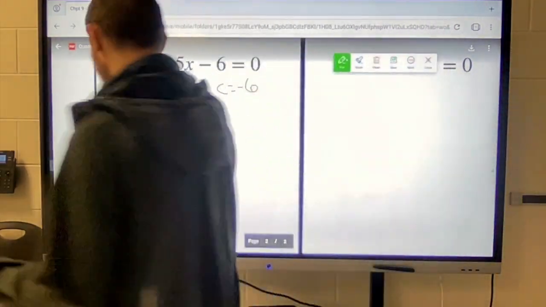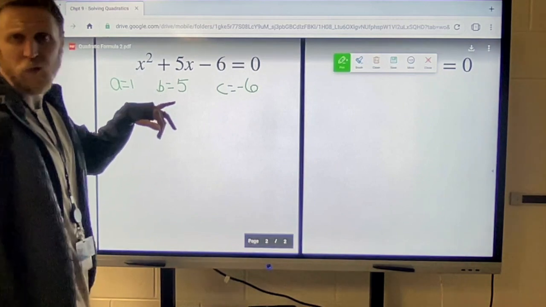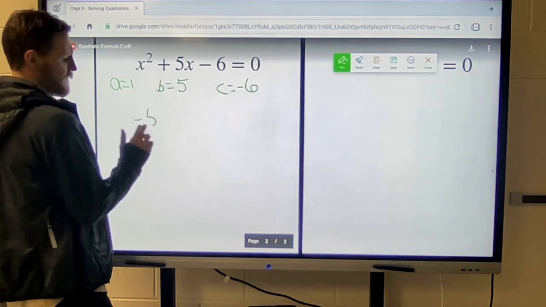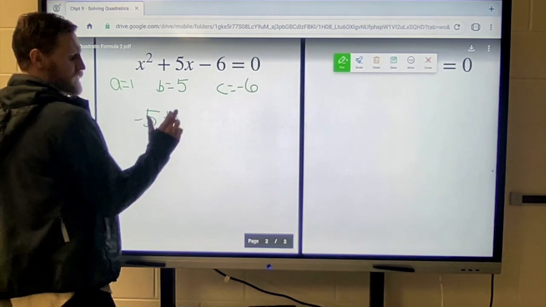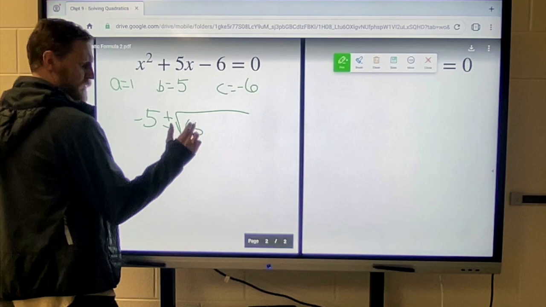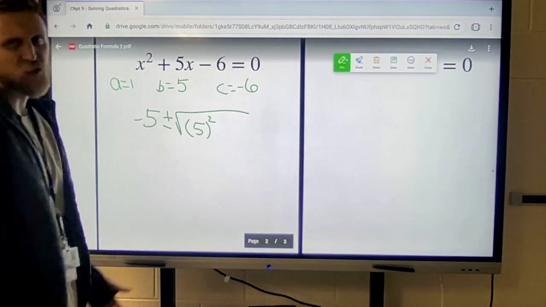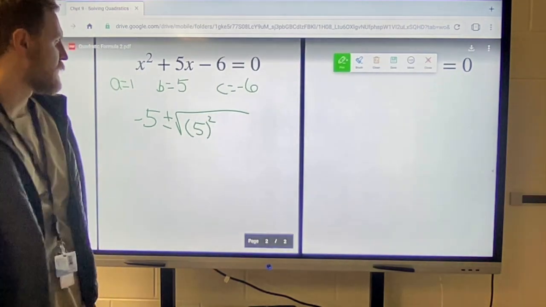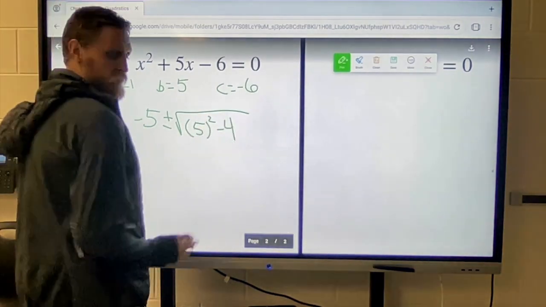So it's the opposite of b, which means I take my b value and I do the opposite. In this case, it's a negative 5. Plus or minus the square root of b squared. Whatever that number is, I'm going to square it. Just get in a good habit of putting it in parentheses. It's always going to help you out in the future. Minus 4. Always a 4.